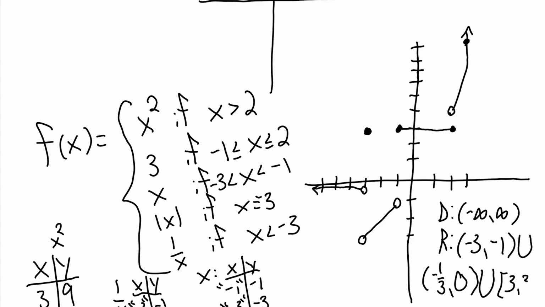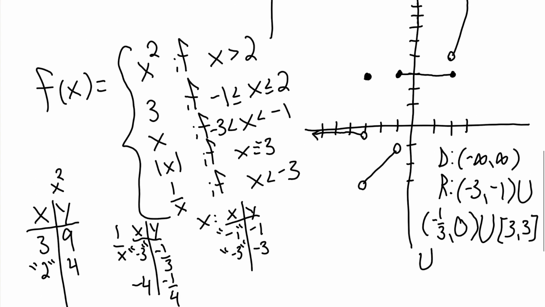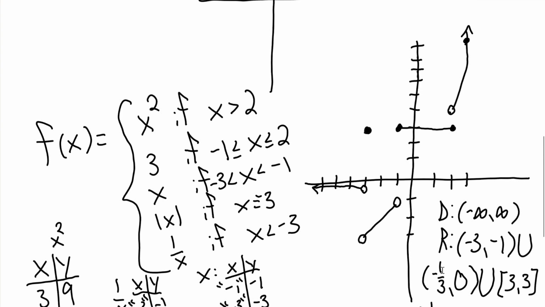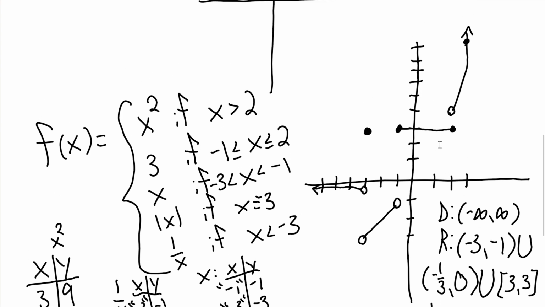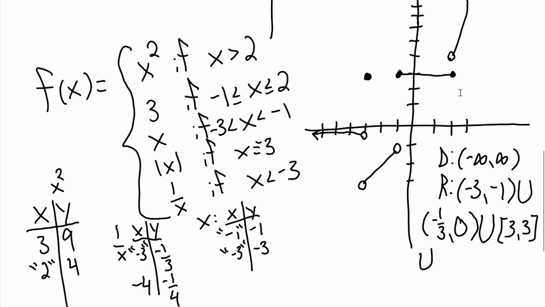And we're only hitting that point because that's a constant function. And now I'm running out of room here, so I'll scroll up and down. You can see that there's a gap between 3 and this point, which is 4, this open circle. So we're going to go up to 4, but we're not including 4. And then it keeps going without a problem all the way up to infinity.